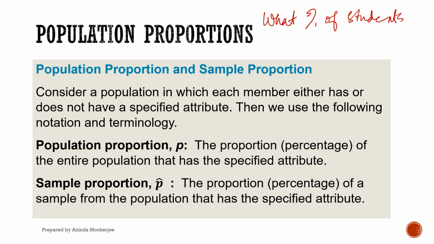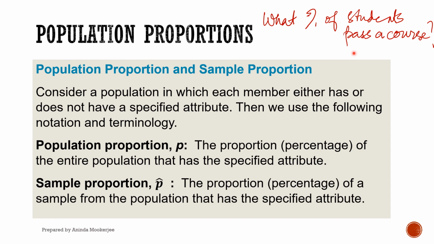Okay, pass a course. So that is the specific attribute we are looking for in our study. We want to determine what is the percentage of pass in a particular course, maybe statistics or calculus or whatever it may be. So the attribute that we are looking for is passing the course.